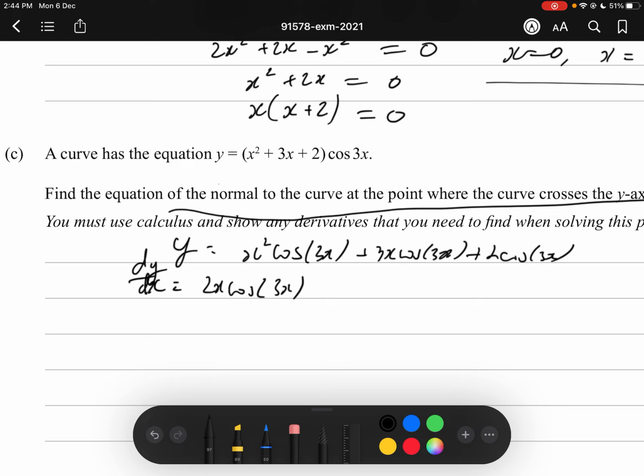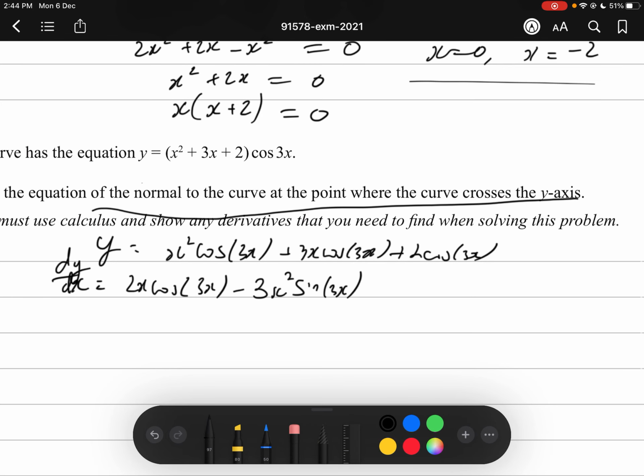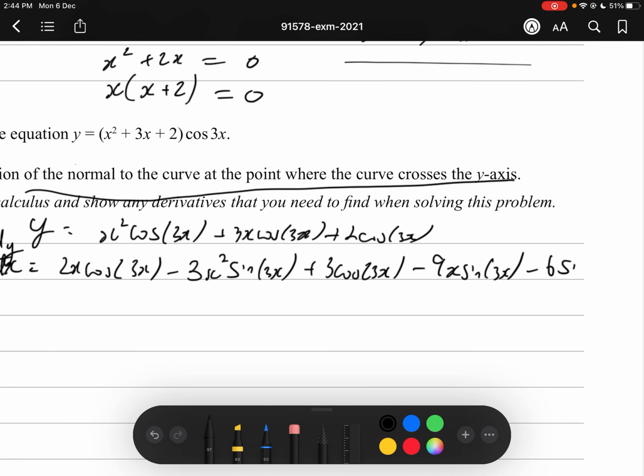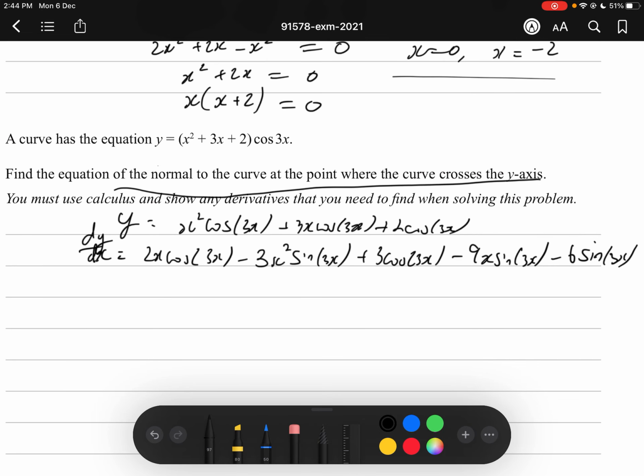The derivative of cos is negative sine, so negative 3x squared sine of 3x, plus 3 cos of 3x, minus 9x sine of 3x, minus 6 sine of 3x. So that's our gradient function. That's a pretty long one.